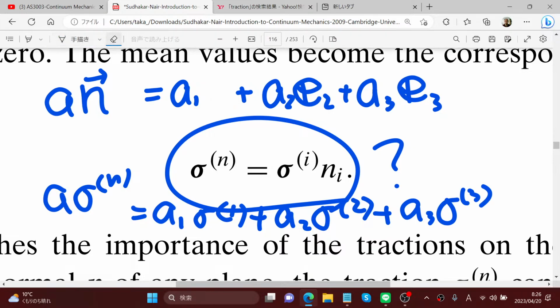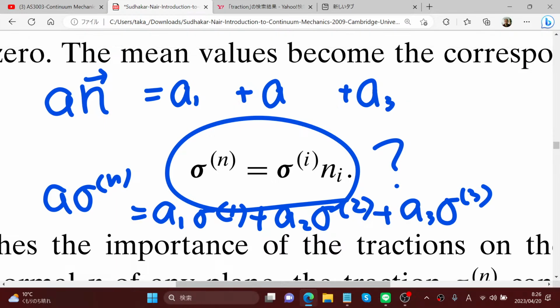Sorry, confusion. I think this is more like N1, N2, N3, right?